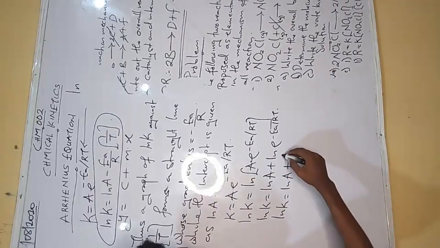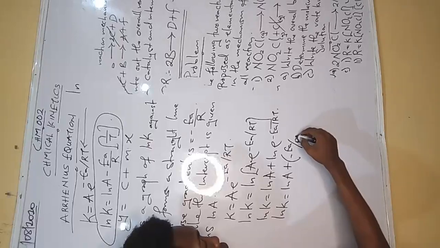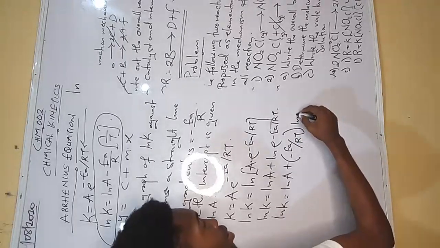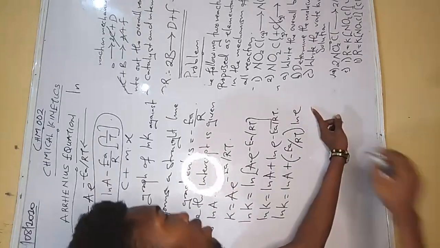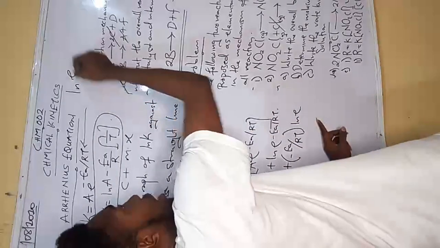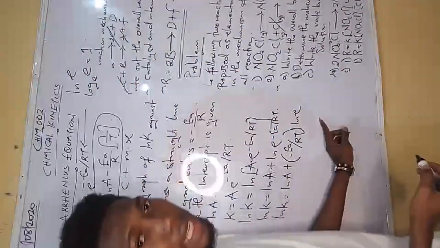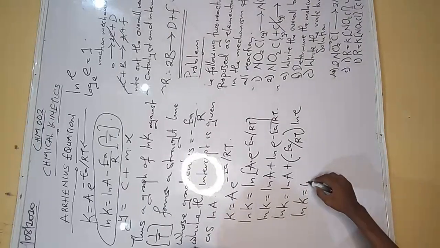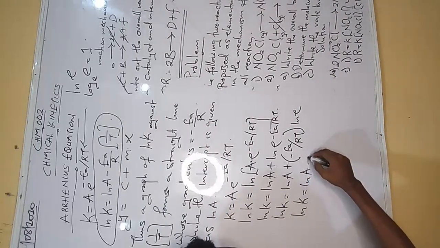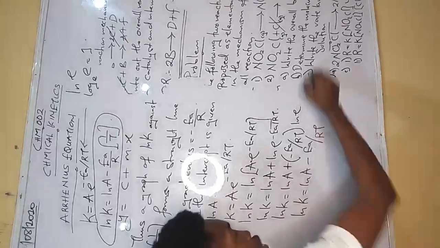That's plus minus Ea over RT times ln e. And of course, we should know that ln e is as good as saying log e of e, which equals 1. Are you getting what I'm saying now? So we now have ln k is equal to ln A plus minus Ea over RT, and this one is out.